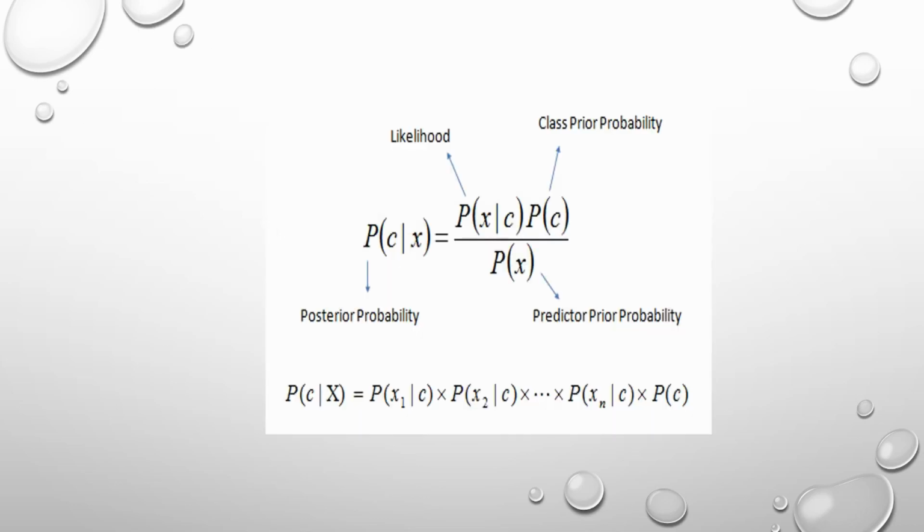As you can see, using the naive Bayes formula, we have the posterior probability, the likelihood, the class prior probability, and the predictor prior probability. The prior probability describes the degree to which we believe the model accurately describes reality based on all of our prior information.